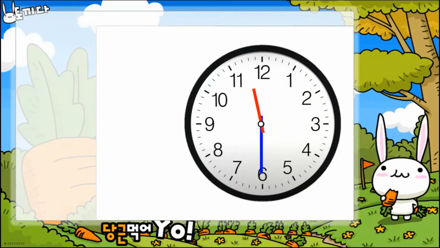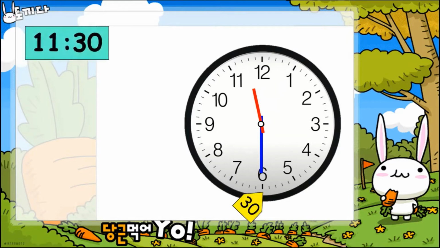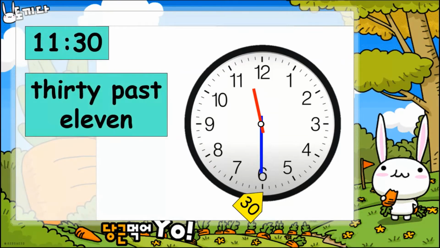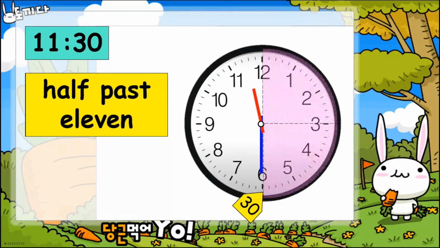When the minute hand is pointing at number 6, you may say it is 30 past 11, but it is more likely to say half past 11. This is because when the minute hand moves from 12 to 6, it has gone through half of the clock. That's why 30 minutes is also known as half past in British style of telling time.